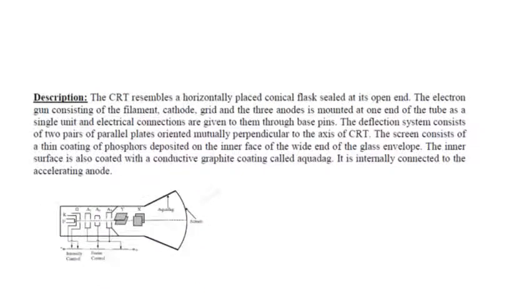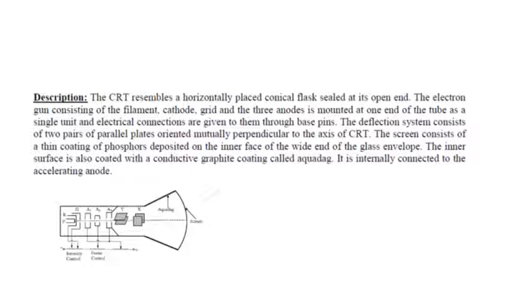The cathode ray tube resembles a horizontally placed conical flask, sealed at the open end. The electron gun consists of a filament, cathode, grid, and three anodes.